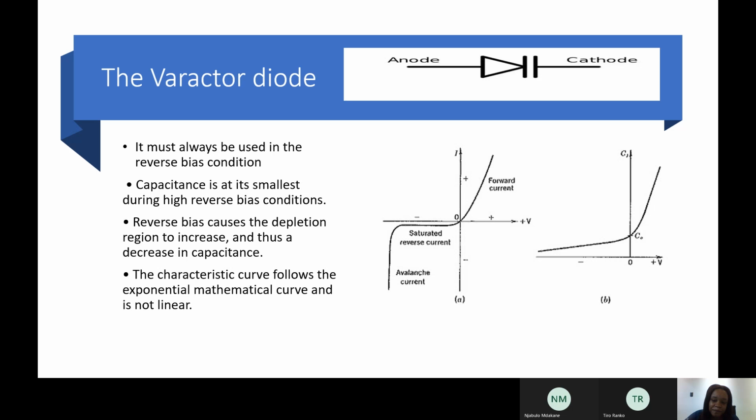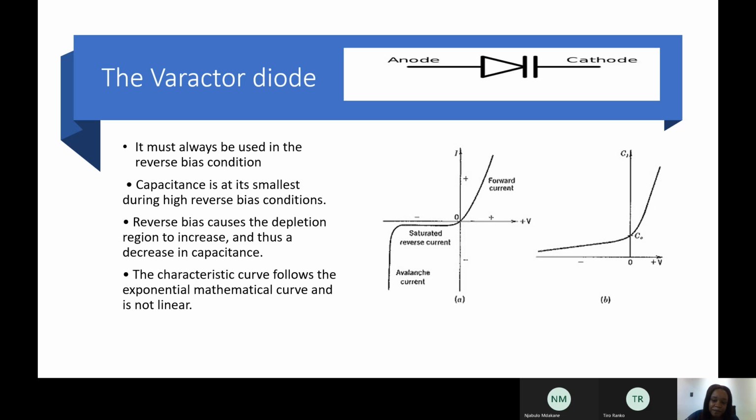The further apart the plates are, the less capacitance. The closer the plates are, the more capacitance. So if we are in reverse bias, the depletion region increases, and that decreases the capacitance, which is important to allow any function to happen.